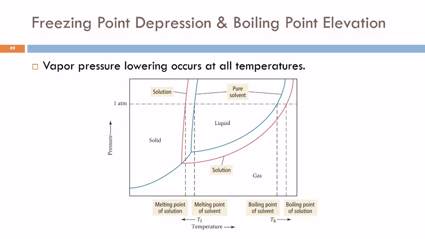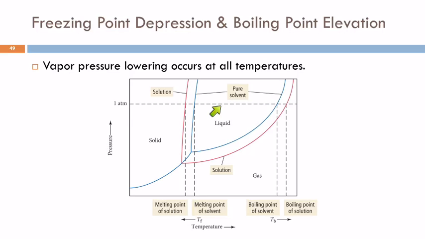So what happens when you add a solute to a solvent is the region in which it remains a liquid expands on both sides. I used to have a hard time remembering which one got bigger and which one got smaller. I knew there was elevation and depression, and boiling point and freezing point, but I couldn't remember which was which. They separate from each other.